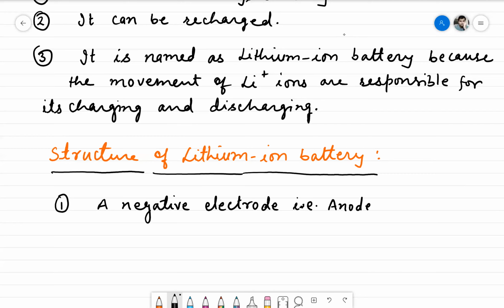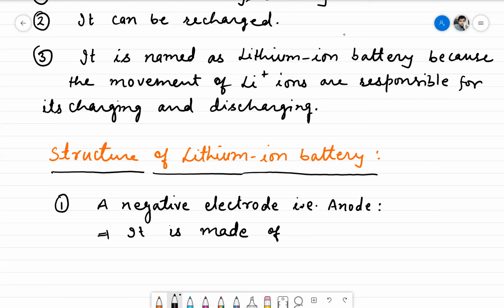So in lithium ion battery, the negative electrode or anode is made of graphite, made of layers of porous carbon.